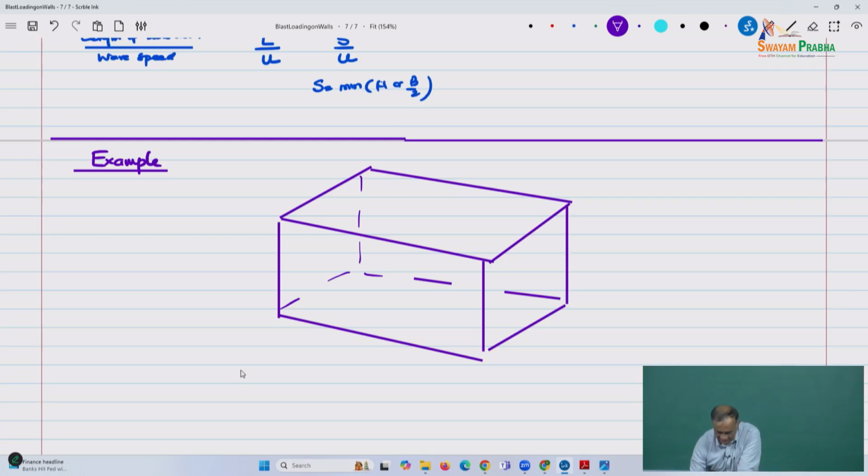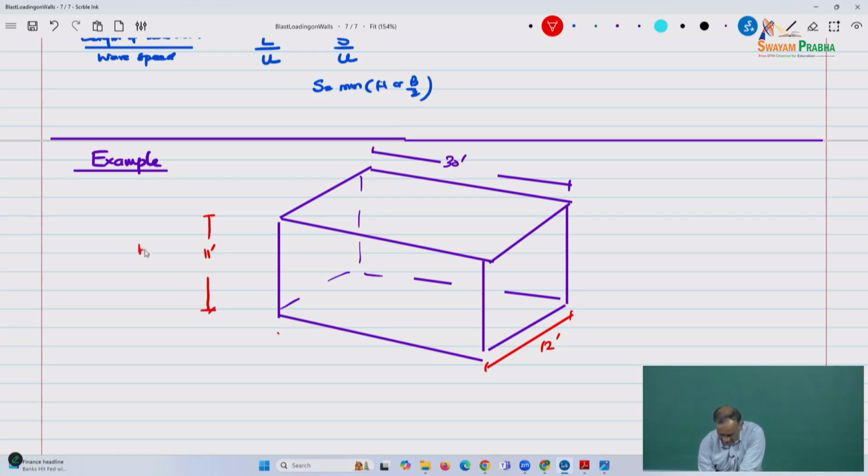The dimensions given are 30 feet and 12 feet. That seems to be very low, but that's okay for this example. And the height is 11 feet. So let's say this is the height, this is the width W, this is your L. And so it's on the ground.